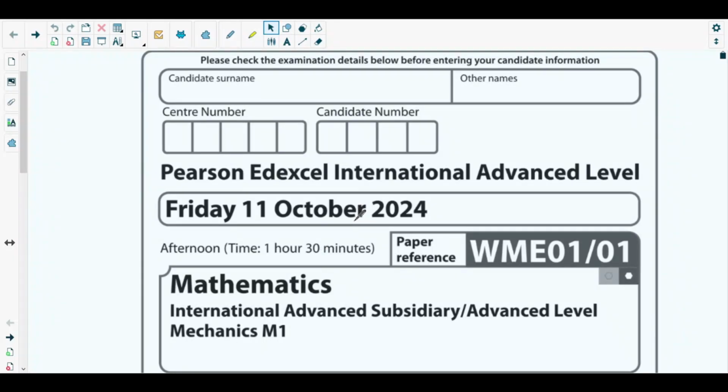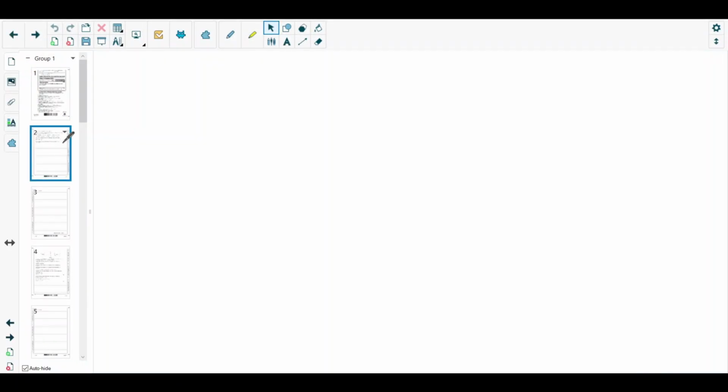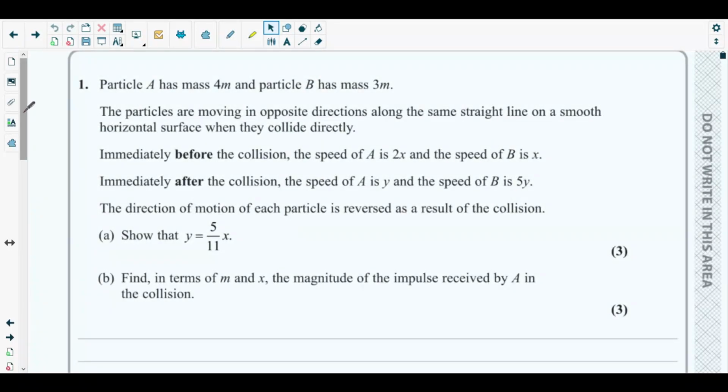So let's get started with the first question of this paper, that is October 2024 mechanics 1 paper. Right at first, question number 1, you can see the concepts behind question number 1.